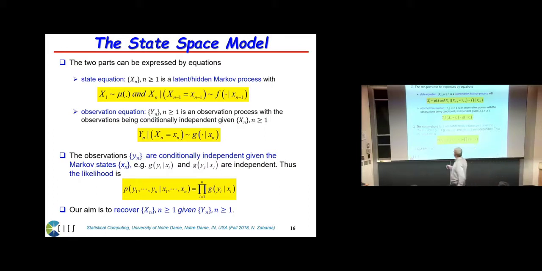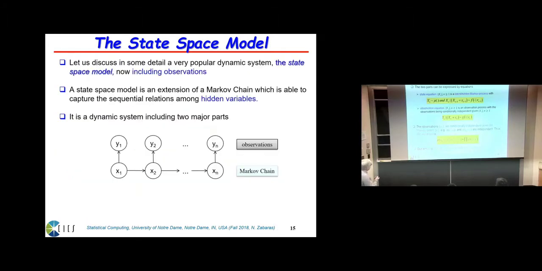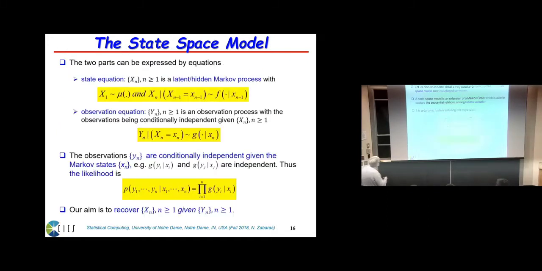The observation model is defined by this distribution G, and it says, if I knew what the state is at time n, then yn is sampled from this distribution G. So if I knew x1, y1 is a sample from G that is defined using the value of x1. This is the observation model. This is the state transition model, or the state equation, or the dynamics, if you like.